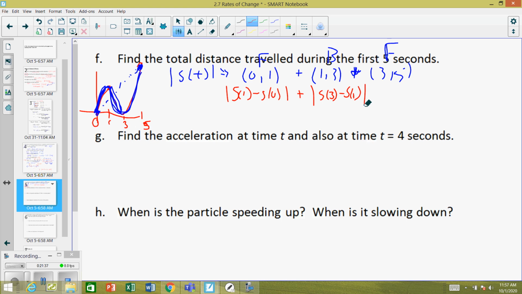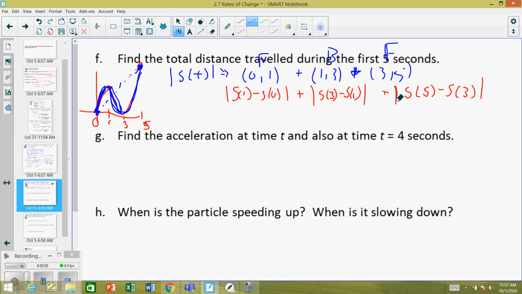Again, if I didn't do the absolute value, that number is going to be negative. It's going to be a negative distance, and that would end up taking away from my distance. That would give me the displacement. I can't do that. Okay. And then plus the absolute value of S of 5 minus S of 3. Now, adding these three distances together, they'll tell me the total distance traveled.